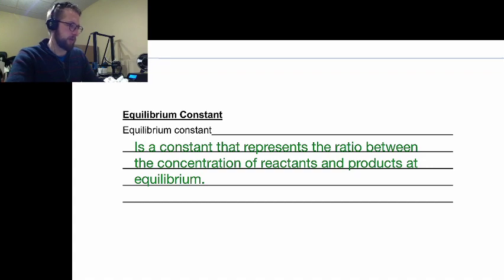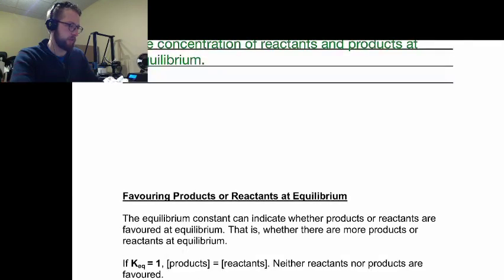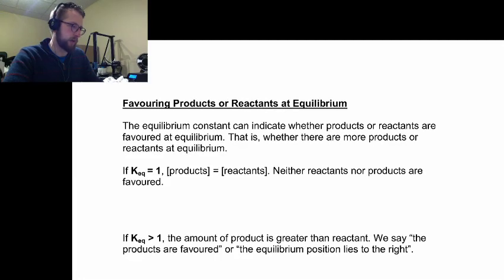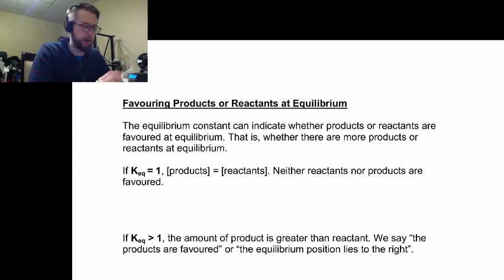And so by those cases, if the equilibrium constant is equal to 1, then the products and reactants are equal. So we have about the same amount of product and about the same amount of reactant with some exponents raised in there, but the concentrations are going to be equal.